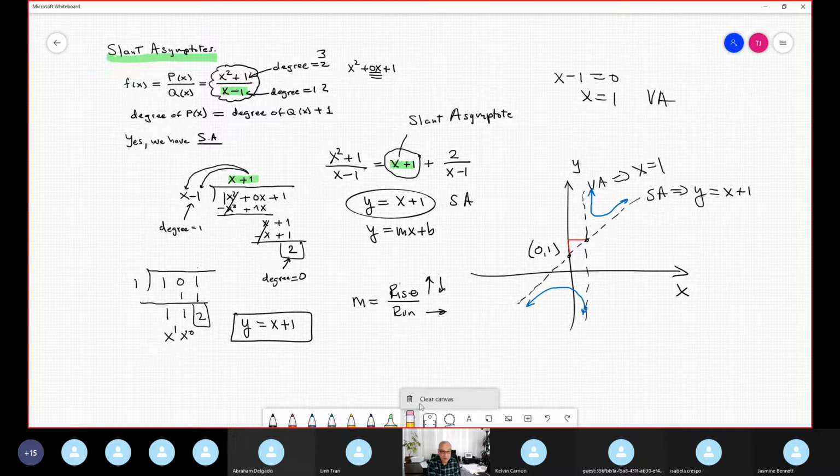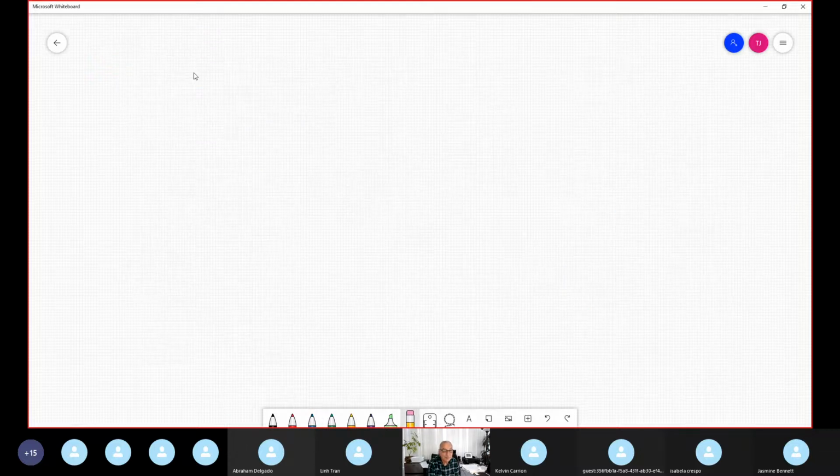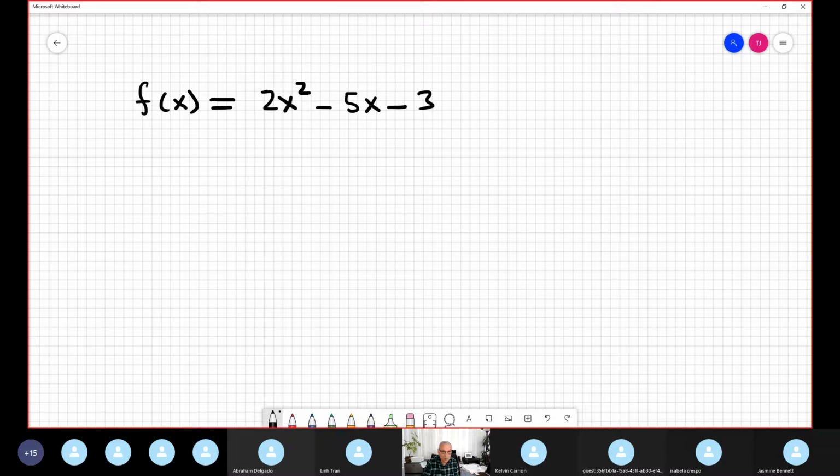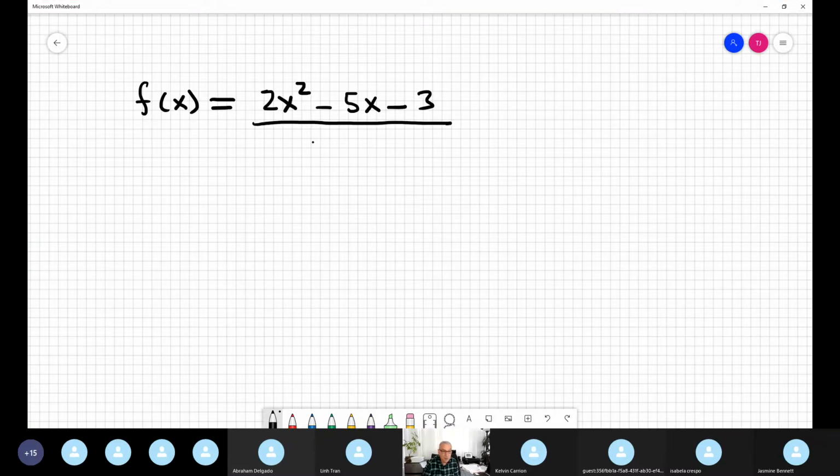Okay, let's see another example of the slant. Suppose this function f of x equals 2x squared minus 5x minus 3 divided by x minus 2.